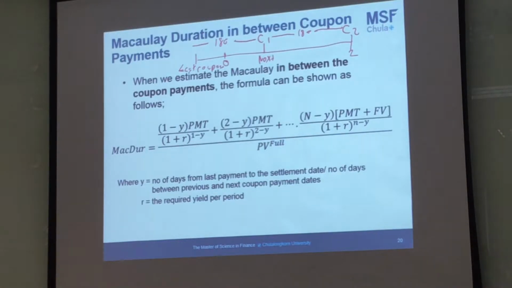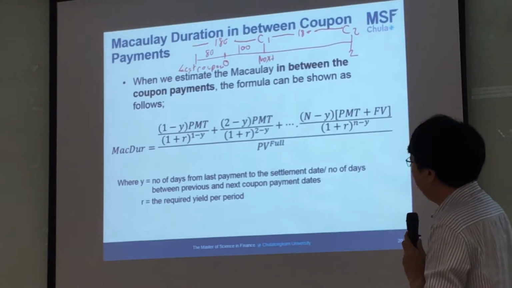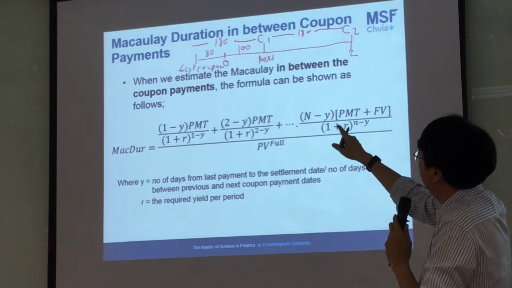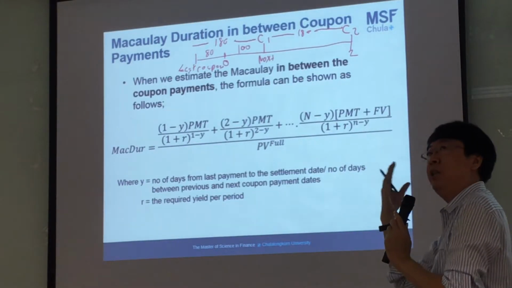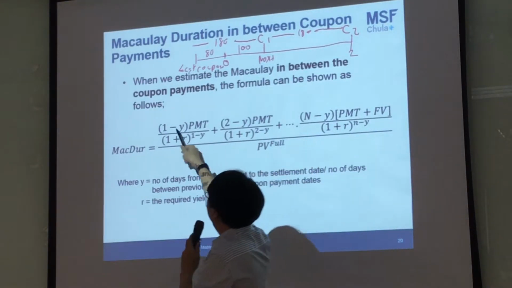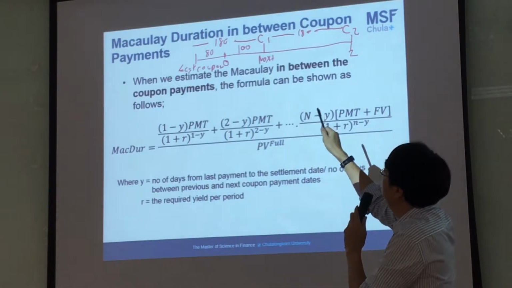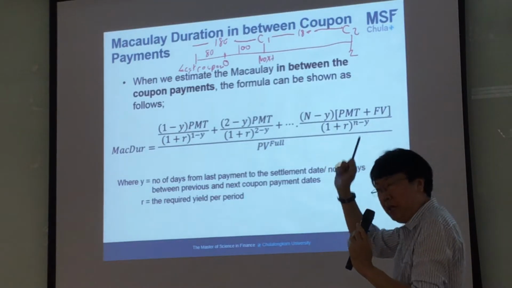As we discussed in the last lecture, let me just use a number. Suppose this is 80 days, and this is 100 days. So you can see that y is equal to 80 over 180, or actually 1 minus y is the proportion of the time from 0 to next, which is equal to 100 over 180.